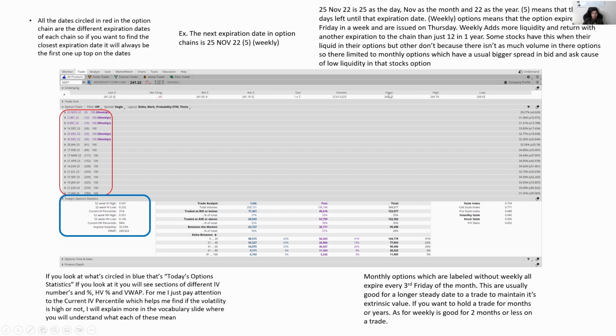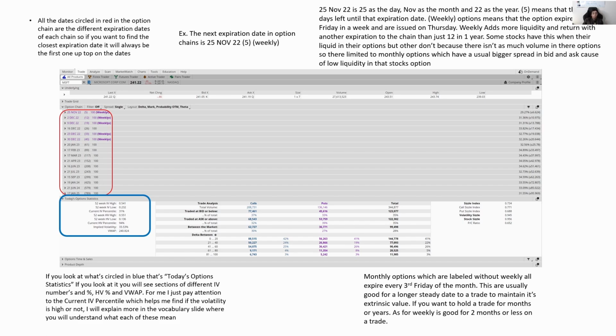Now, if you look at this circle, today's options are circled in blue, and I just want you to focus on this area. Don't focus on this, just look at this area. If you look at the different sections here, you're going to see the IV numbers, percentages, HV percentages, and the VWAP.